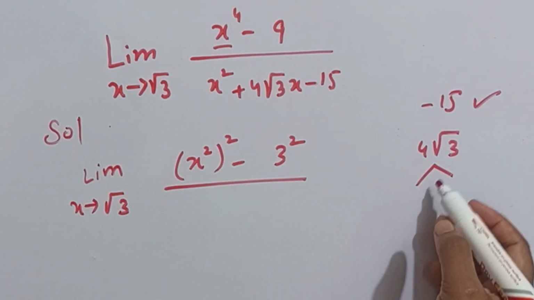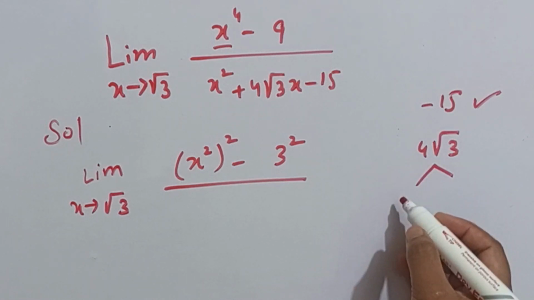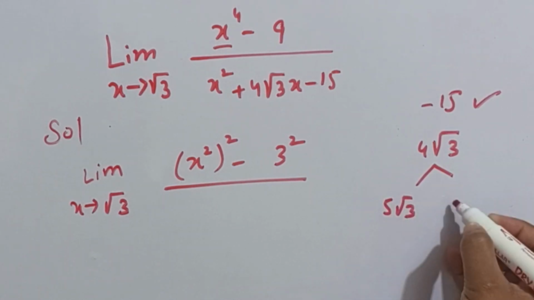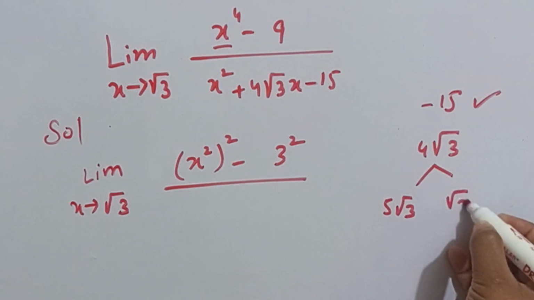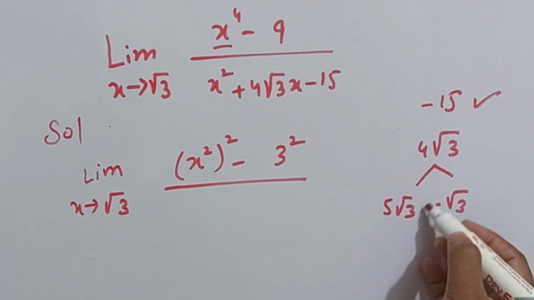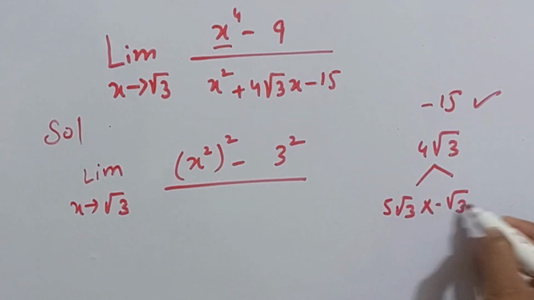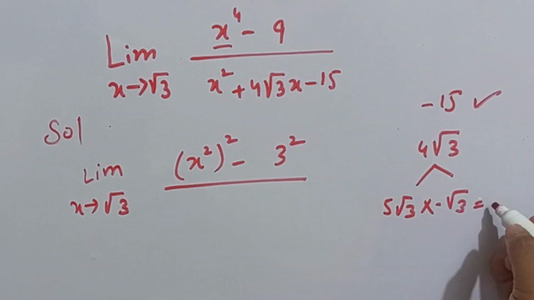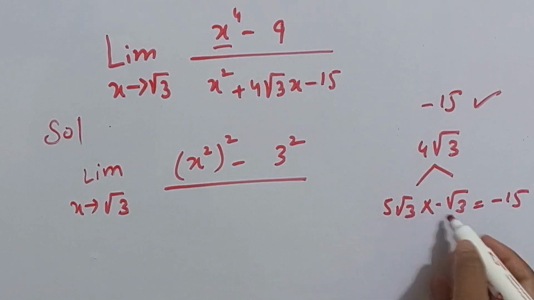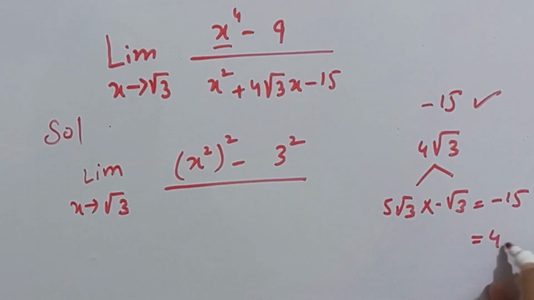So we write 4 times square root 3 as two terms. The first term is 5 times square root 3, and the second is negative square root 3. If we multiply these two terms, we get negative 15, and if we add them, we get the middle value, 4 times square root 3.